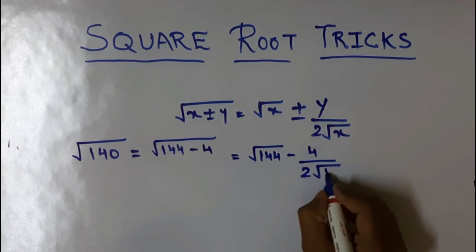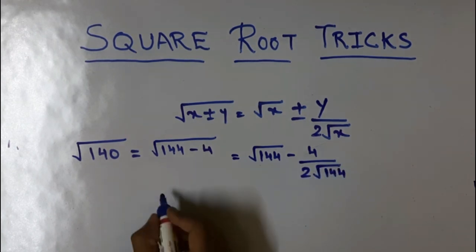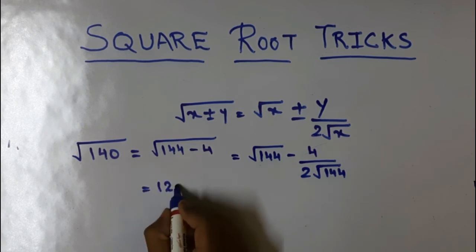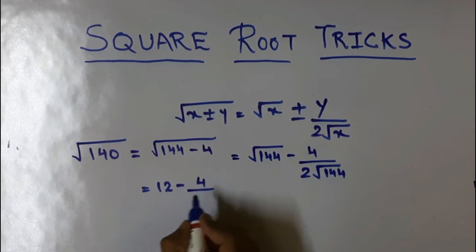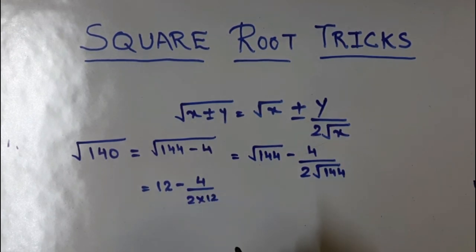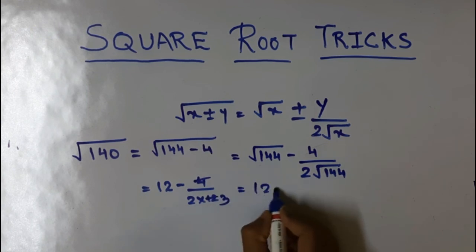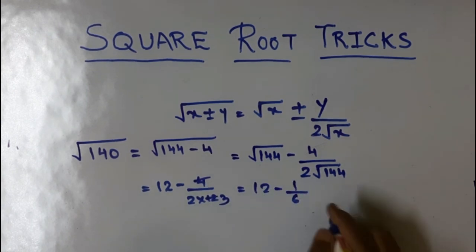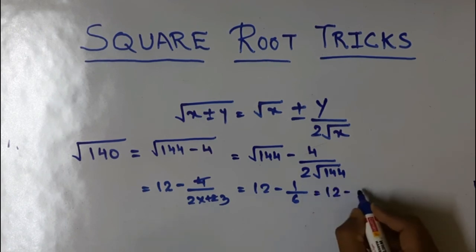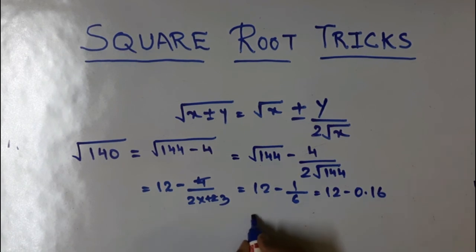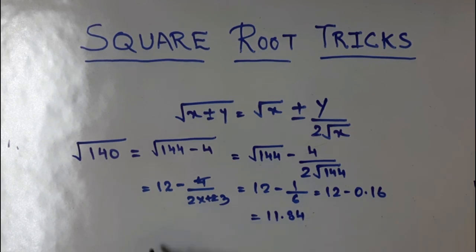Root 144 is 12, so 12 minus 4 by 2 into 12. It gets cancelled, giving 12 minus 1 by 6. So it is 12 minus 0.16, because the value of 1 by 6 is 0.16. It will come to about 11.84.